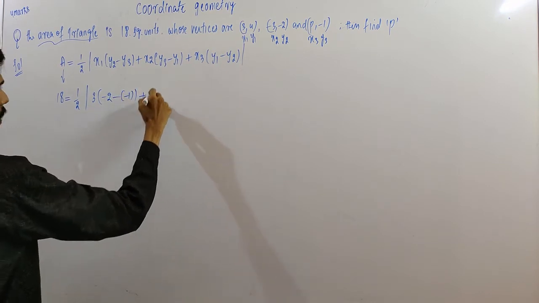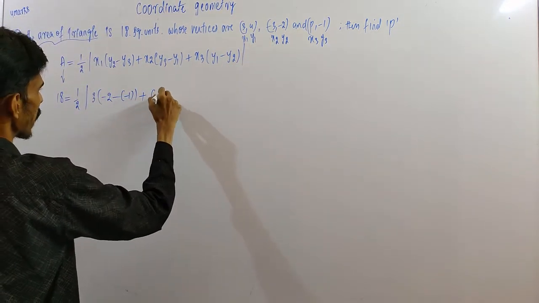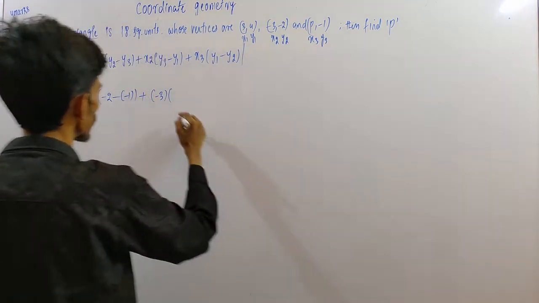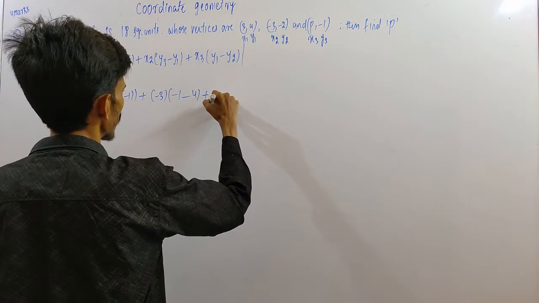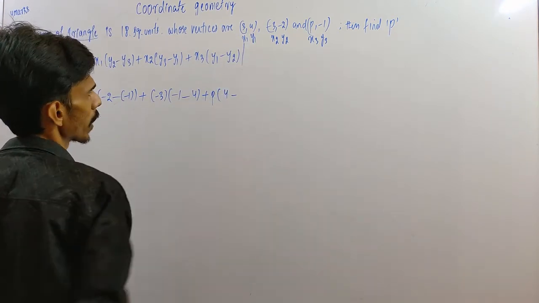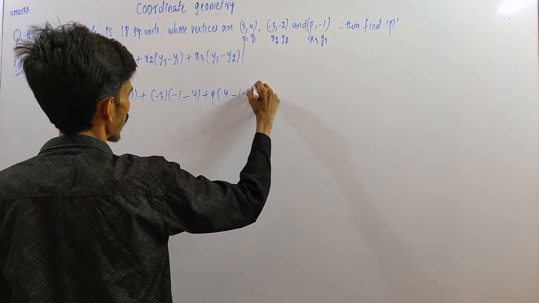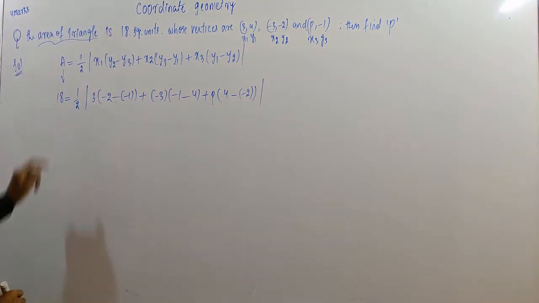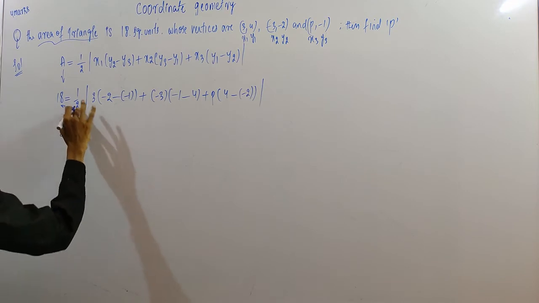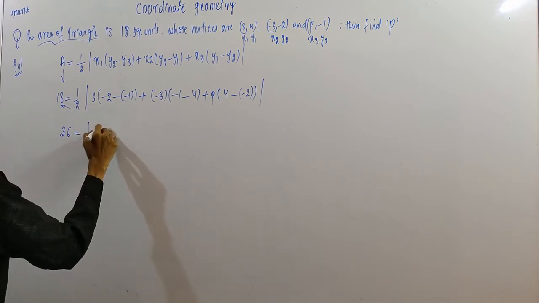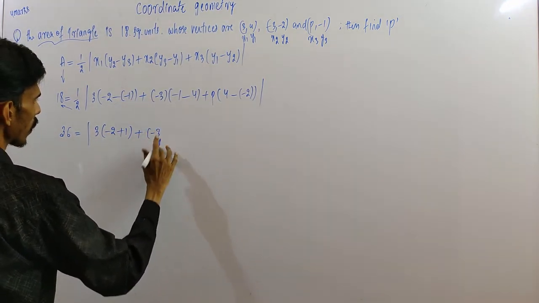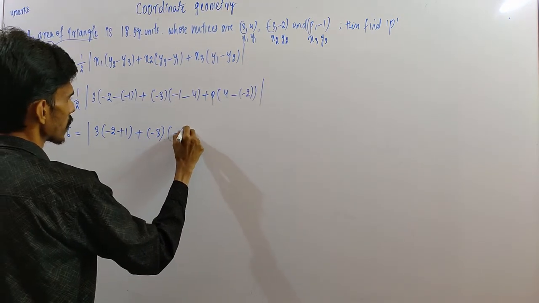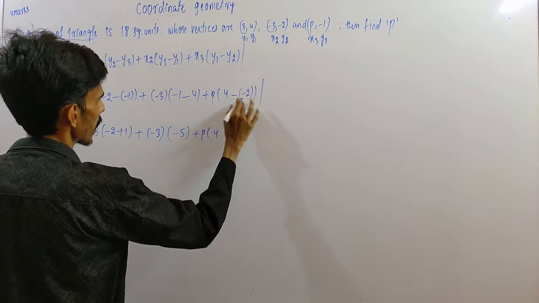So take a bracket, x2 value is -3, into y3 is -1 minus y1 is 4, plus x3 value is p into y1 value 4 minus y2 value -2. Now cross multiply: 2 into 18 is 36, equals 1, leave 1, now 3 into -2, minus into minus we have plus, -3 as it is, sorry, -1 -4 we have -5, plus p into 4, minus into minus plus.